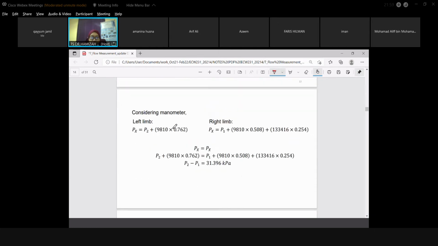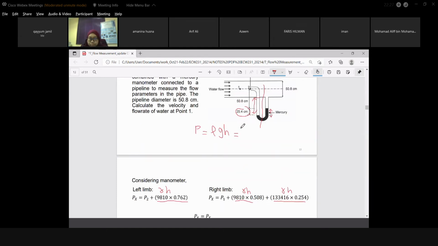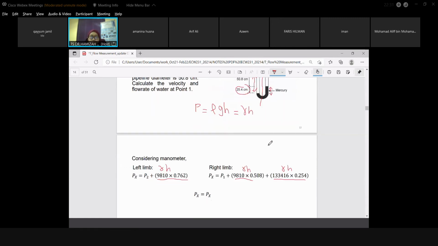For the left limb, like I mentioned, the pressure is rho gh for water, and this is for water and also mercury. If they write it down like this directly, it means they use lambda h, because this formula can also be written as specific weight times h.